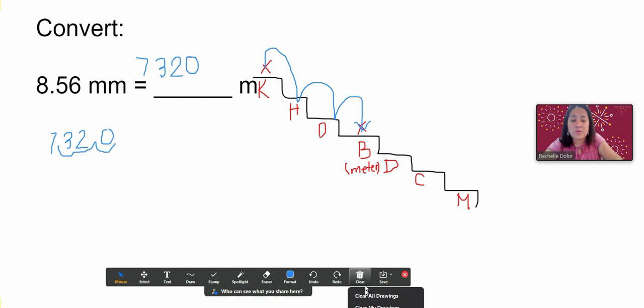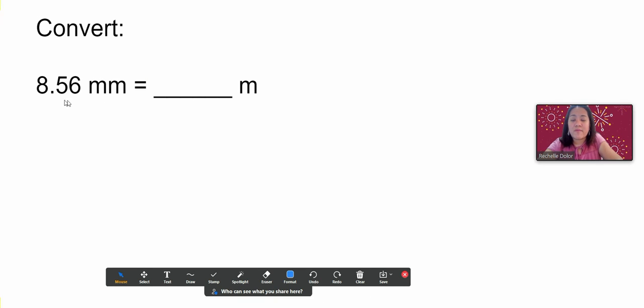And I will clear this one. So we have now here millimeters to meters, right? So what we need to do is the same process. Draw your ladder. 1, 2, 3, 4, 5, 6, 7. Alright, so again, we have Kangaroo helps dingo because dingo can't multiply.